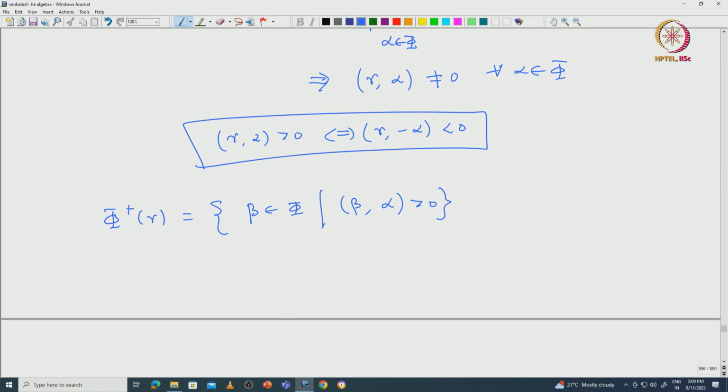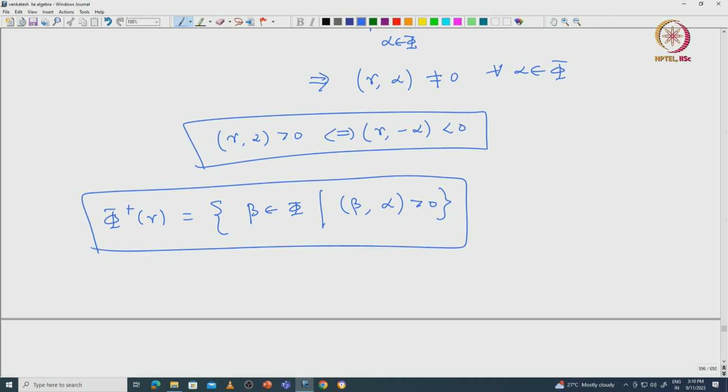In some sense, this will play the role of the set of positive roots. In particular, we will be able to find a base inside this phi plus of gamma. These are those roots that lie on one side of the hyperplane.